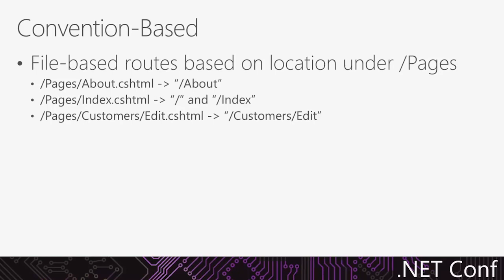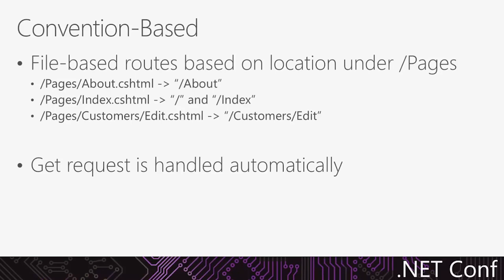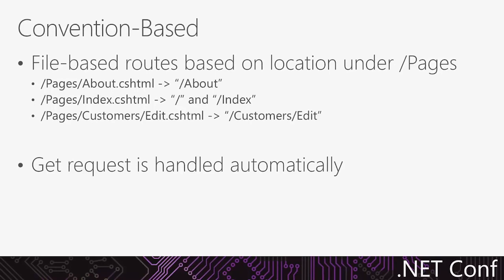Within each Razor page, we talked about they have handlers for the verbs. If you don't need to perform any logic, the get handler will be handled for you automatically. So you don't have to specify an OnGet handler if all you're going to do is return back that page. Now, as far as routing goes, in MVC, there are basically 3 different places that you would apply routes. You can apply routes globally when you're configuring MVC, and you can specify some default route conventions.